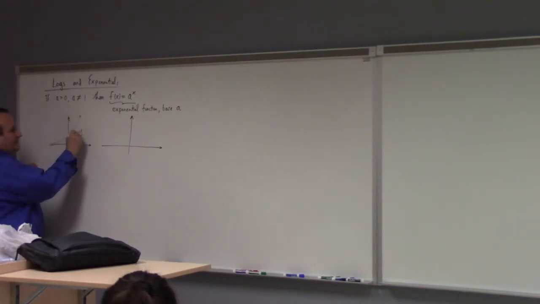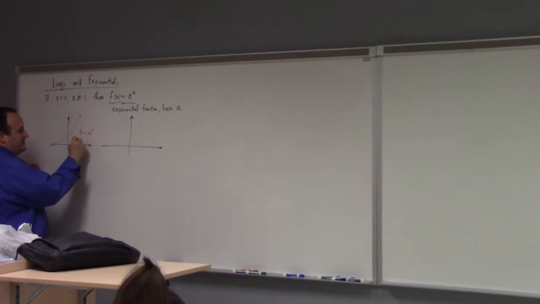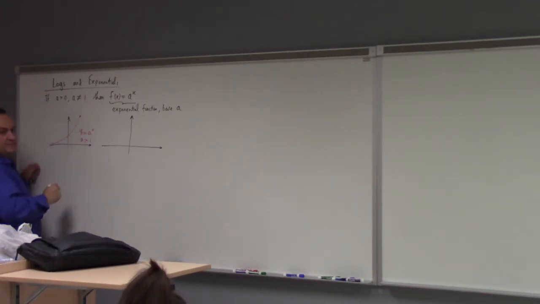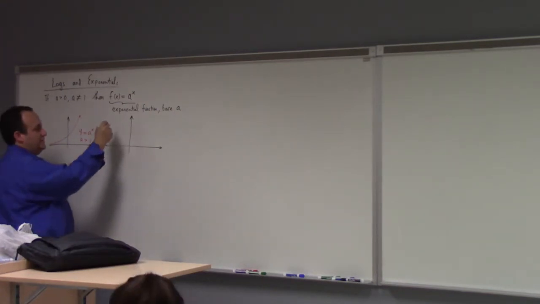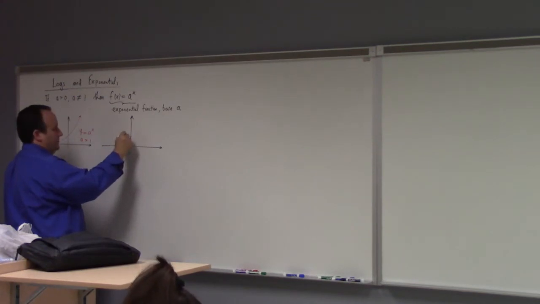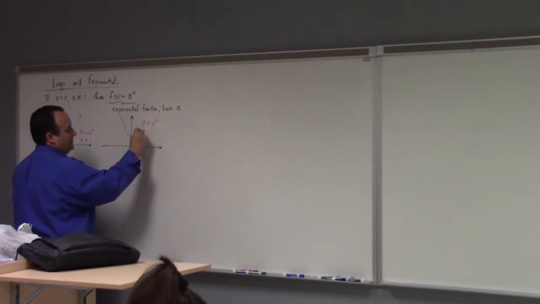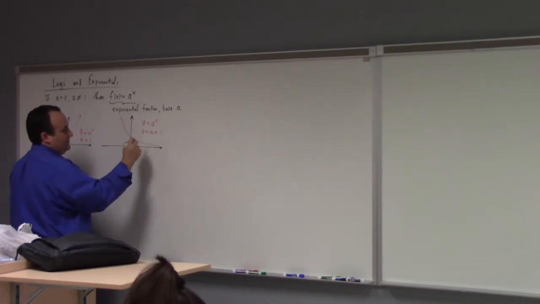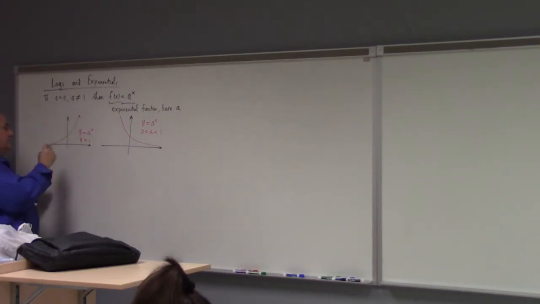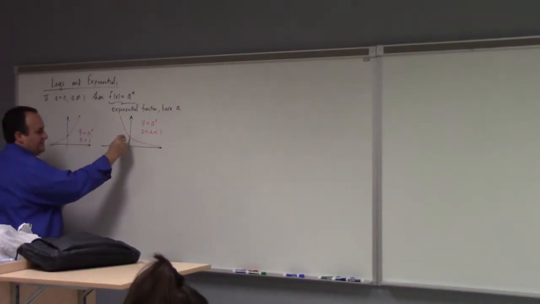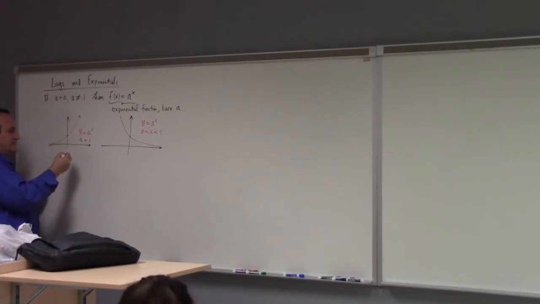This would be y equals a to the x with a greater than 1. The other possibility is the other way. This would be y equals a to the x with 0 less than a less than 1. All right. Either of these are called exponential functions.